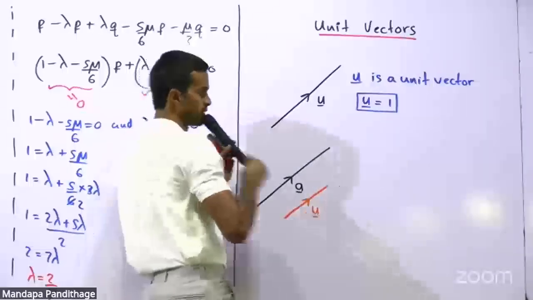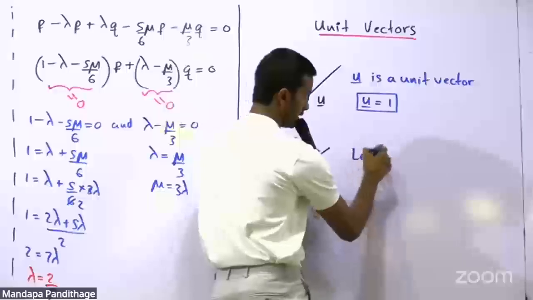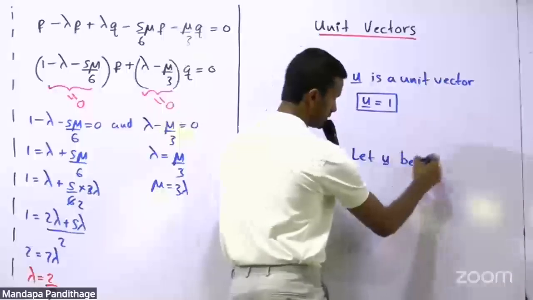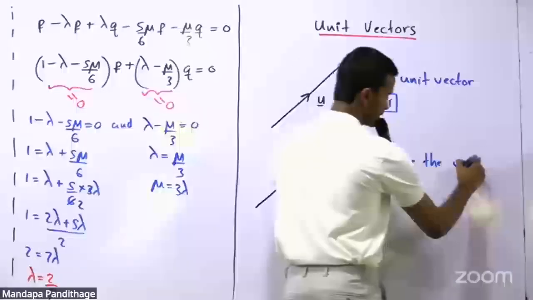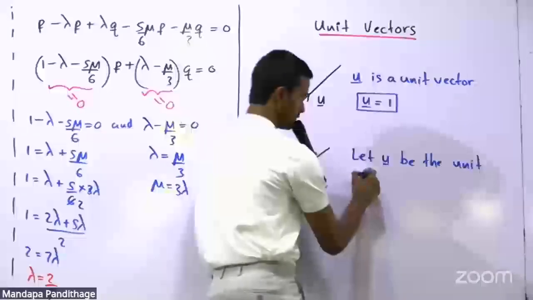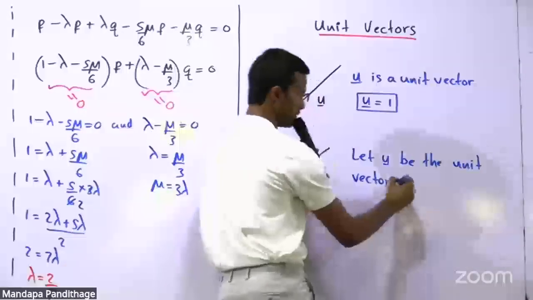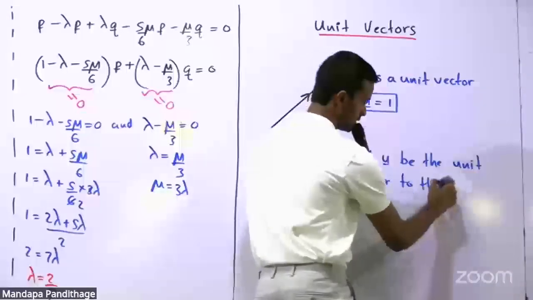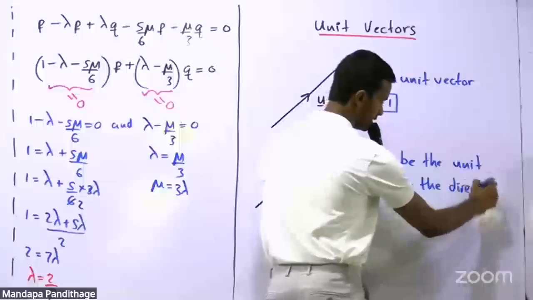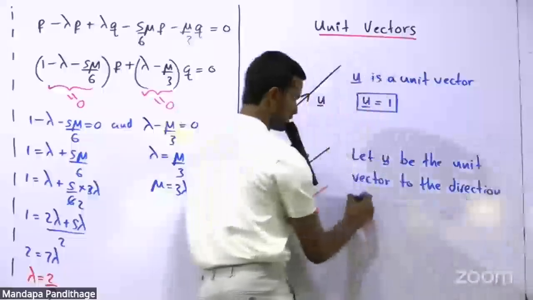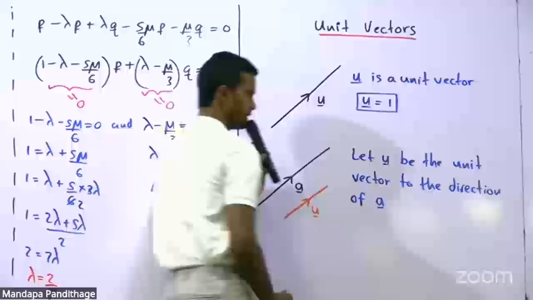Unit vector: let u be the unit vector to the direction of A. Look at this.